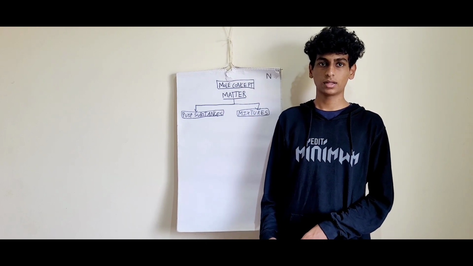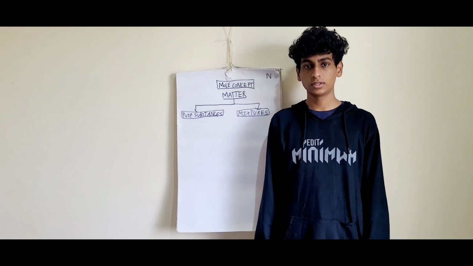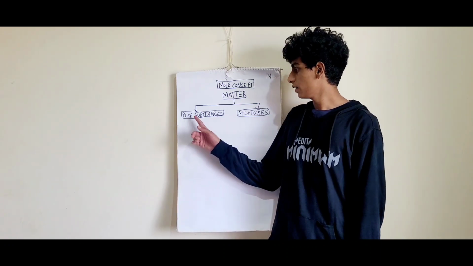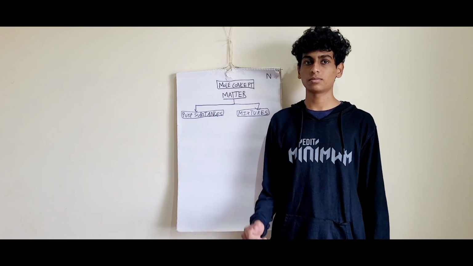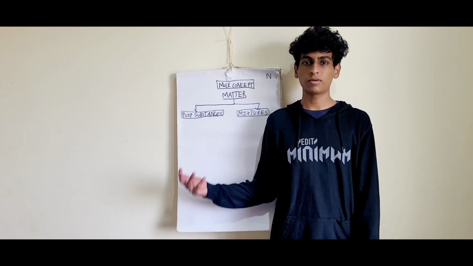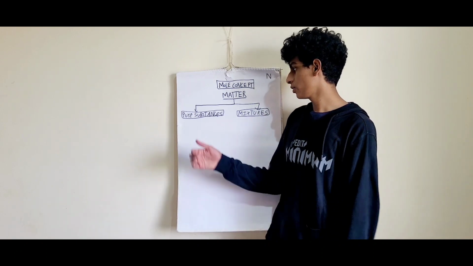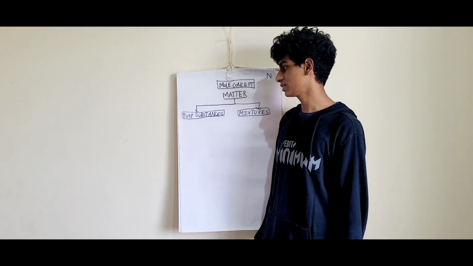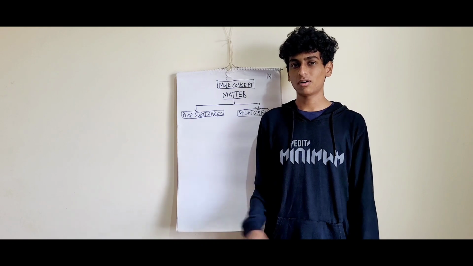They are connected. So to start off, here we have pure substances. As you all know, pure substances have fixed composition and they cannot be separated by applying force and all of that. In pure substances, we have examples such as hydrogen, like H2, and water, and all that.